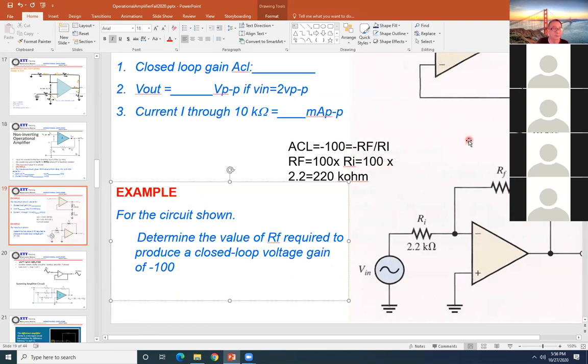Yeah, I understand. But what is the meaning of saying that the gain is minus 100? What does it mean? The negative number associated with that amplification. The input signal and the output signal are out of phase, 180-degree phase difference.